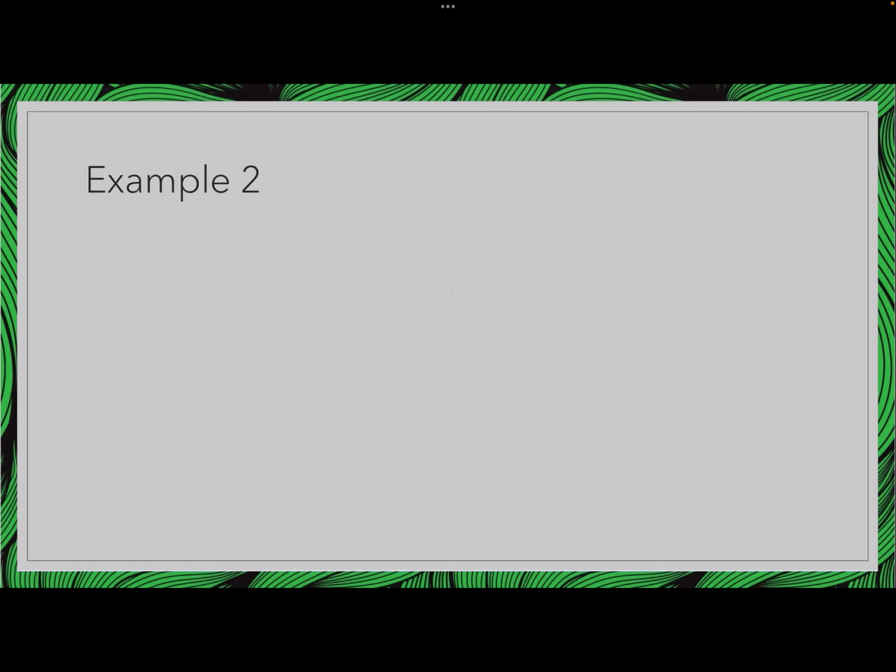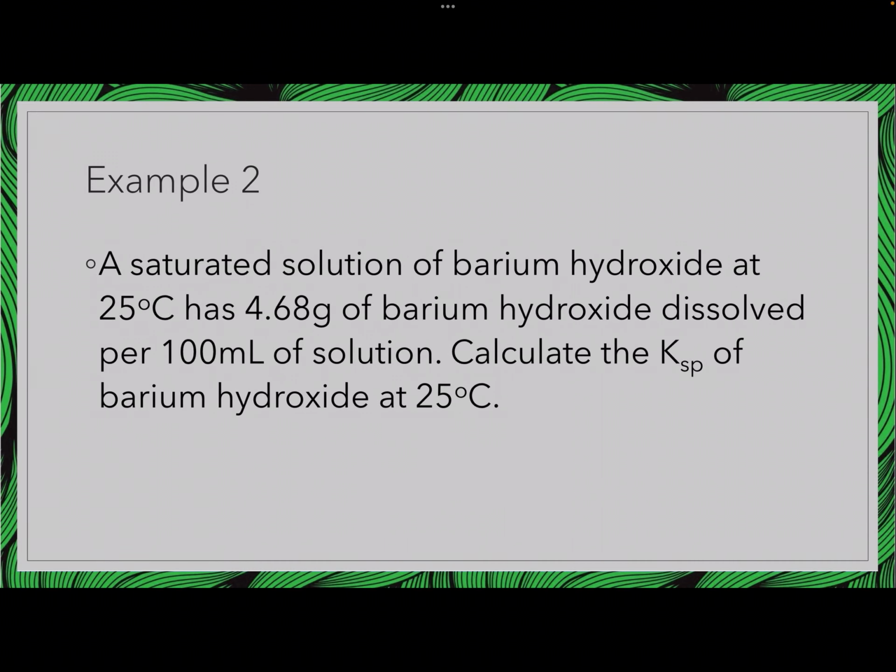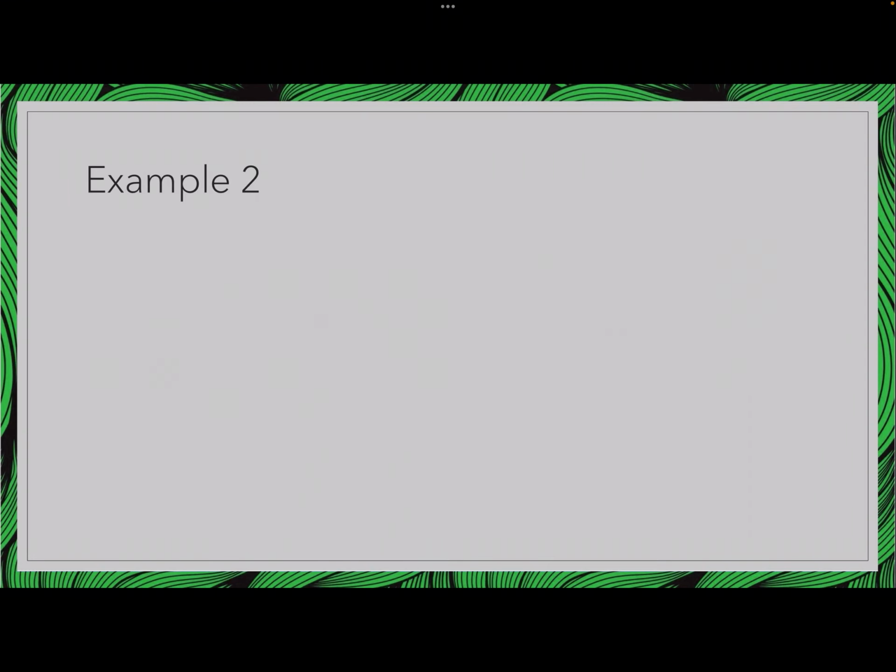Let's do another example. A saturated solution of barium hydroxide at 25 degrees Celsius has 4.68 grams of barium hydroxide dissolved per 100 mils of solution. So we need to calculate the KSP of barium hydroxide at 25 degrees. So again, same deal. We need to convert solubility from grams per 100 mils to moles per liter.